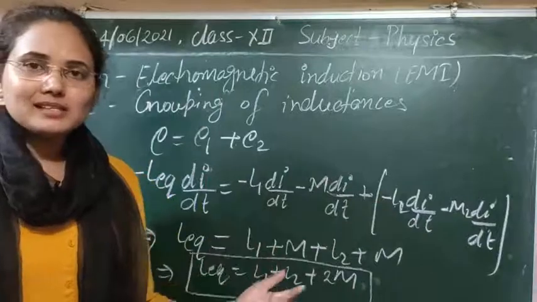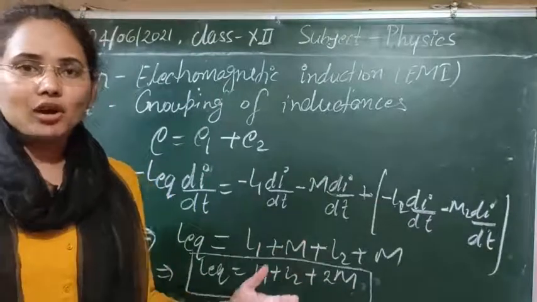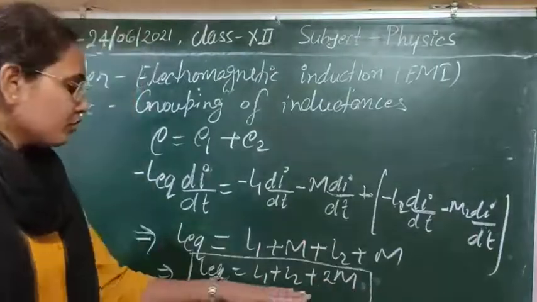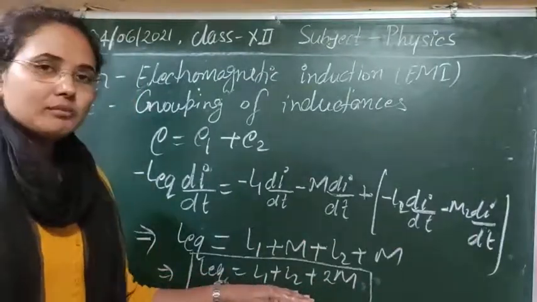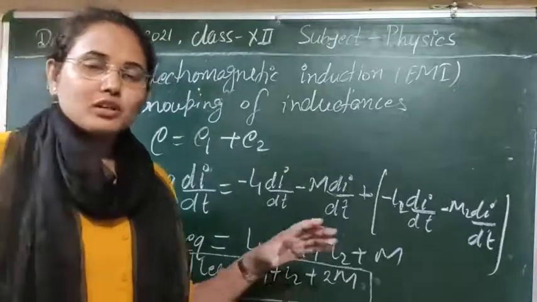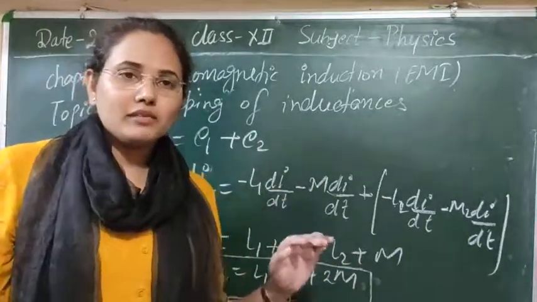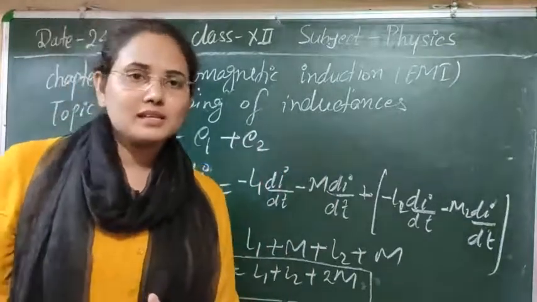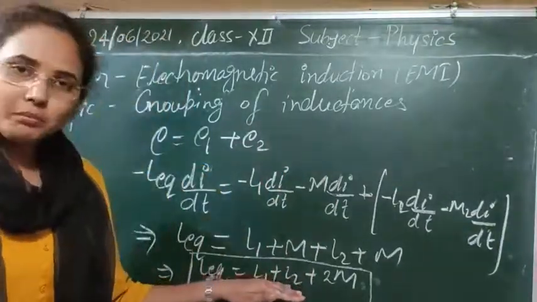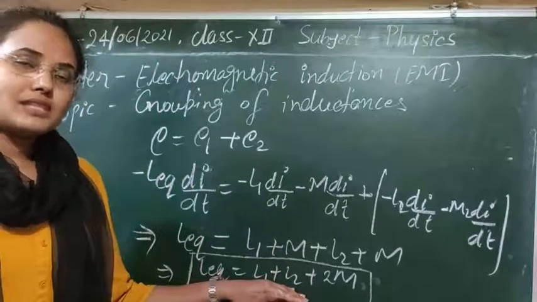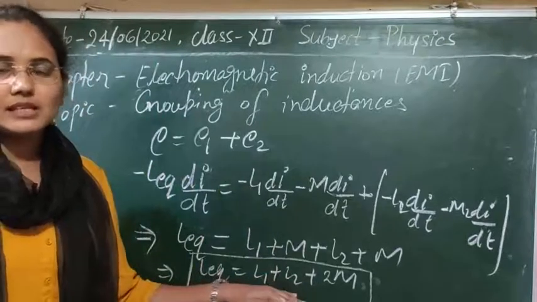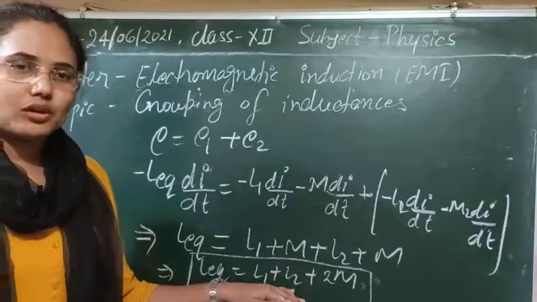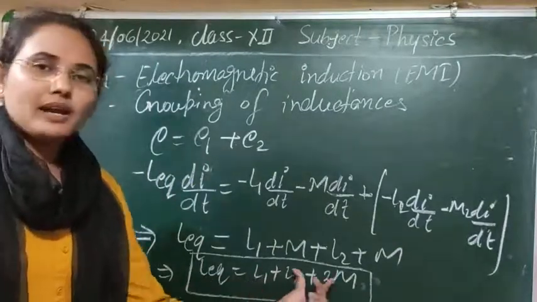In that case, we do not get mutual inductance, so you can write M as 0. For M equal to 0, L equivalent is equal to L1 plus L2. One very important thing is that this holds for the series combination where the current flows in the same direction in both.